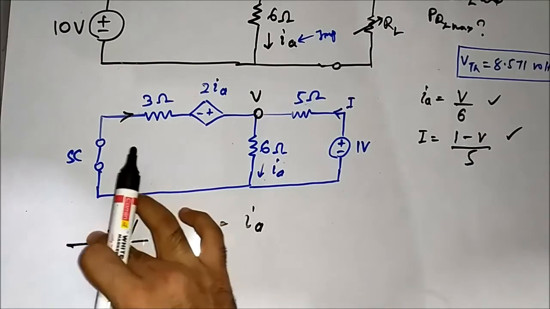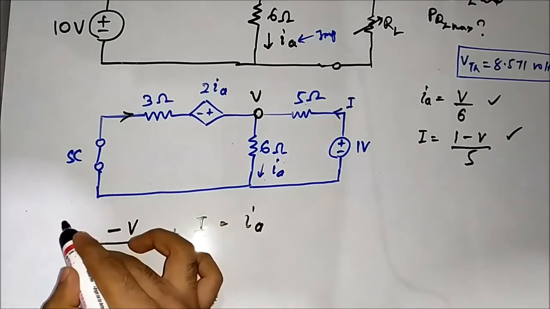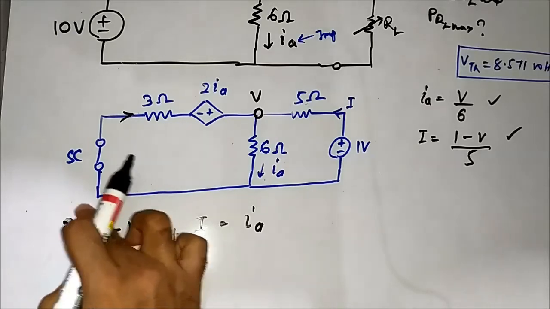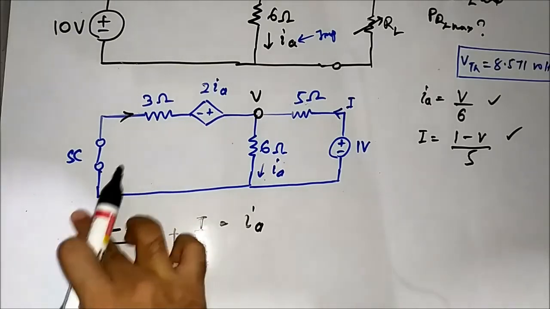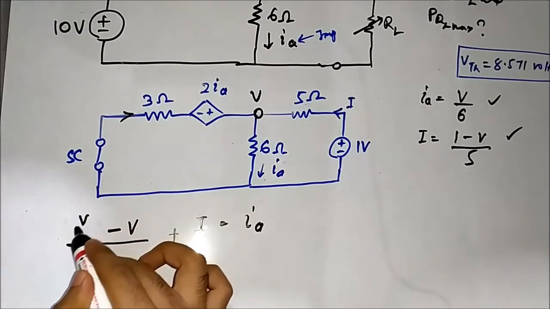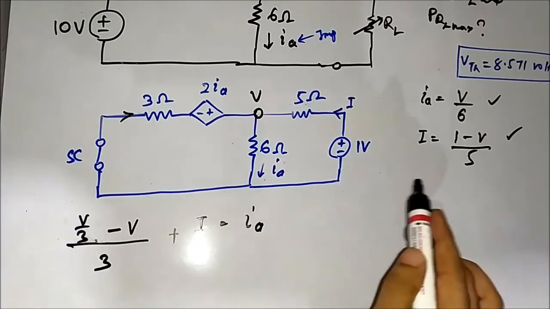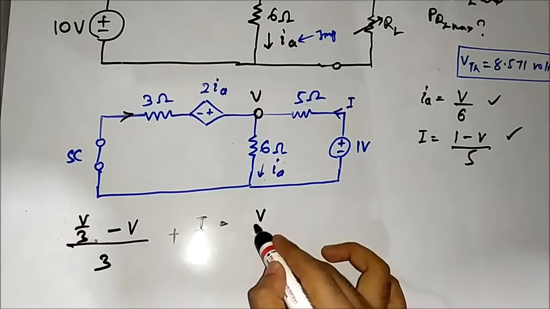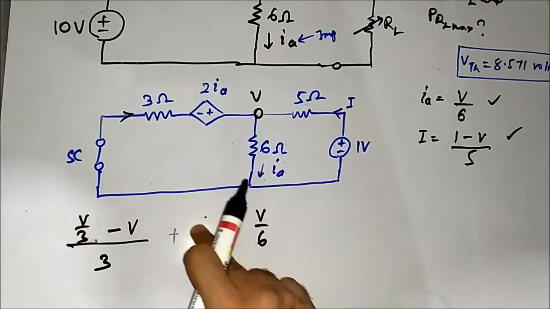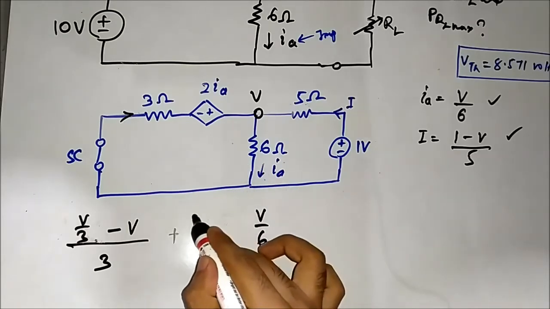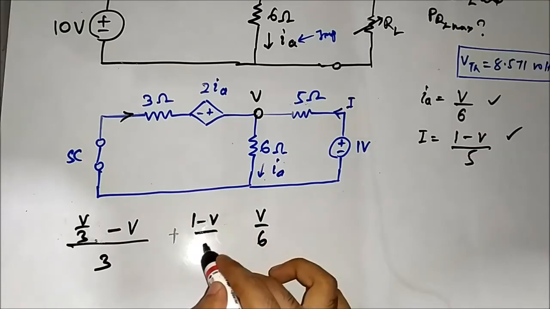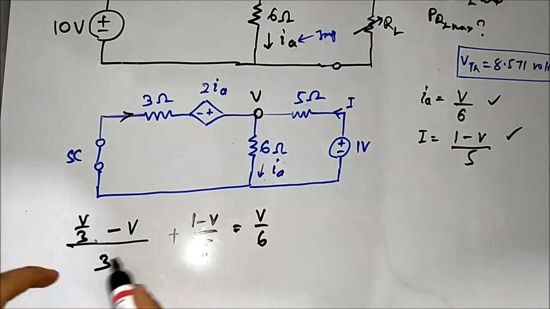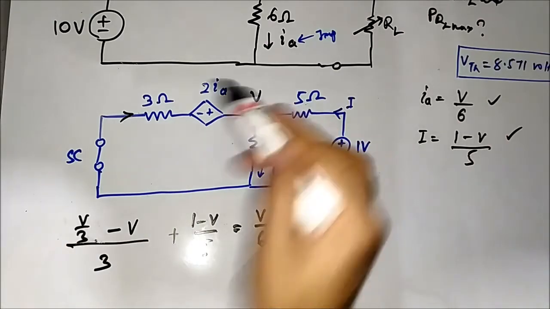So here 2IA will be 2V by 6, which is basically V by 3. Again, IA here will substitute with V by 6 and I will substitute with 1 minus V by 5. So the whole equation we have converted in terms of V, this node voltage.